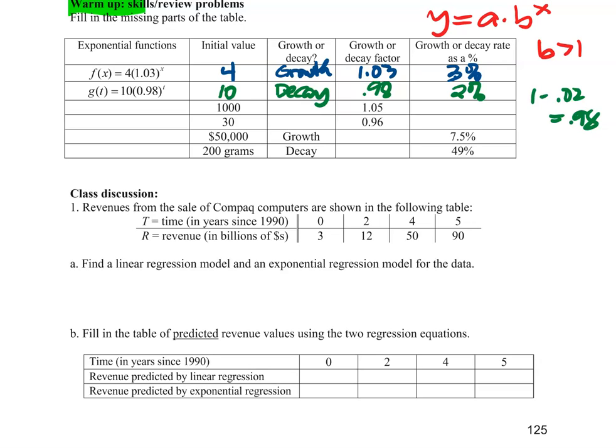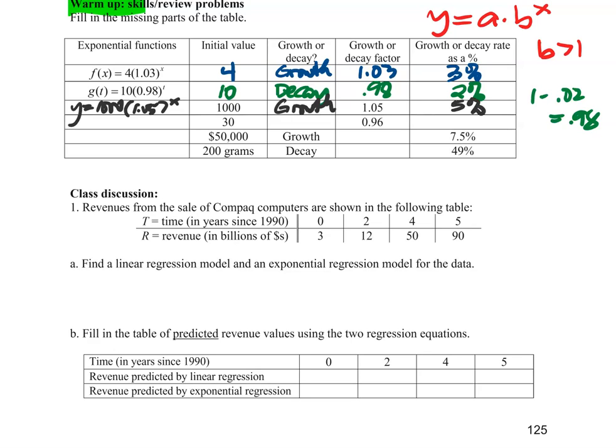Okay, next one, initial value is 1000, and you have the growth factor 1.05 is greater than 1, so this is growth. So we can write here y equals 1000 times 1.05 raised to x, and rate is 0.05, so that is 5%.